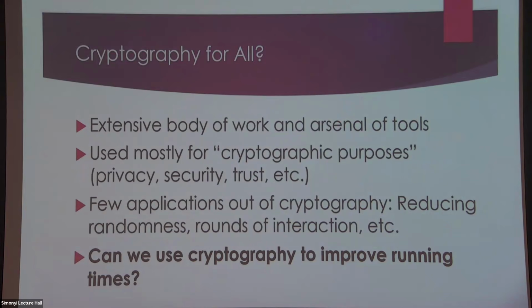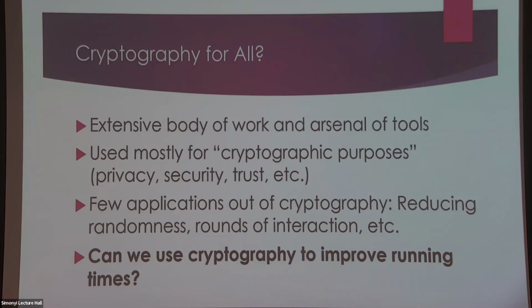Obviously, at this point, we have many years where people worked extensively on cryptography. We have a very large body of work, very impressive arsenal of tools. Most of them are used for cryptographic purposes. This is a very uninspiring tautology, but what I mean by that is that we usually use it for things like privacy and security and trust and so on.